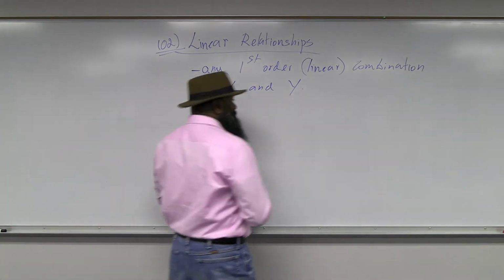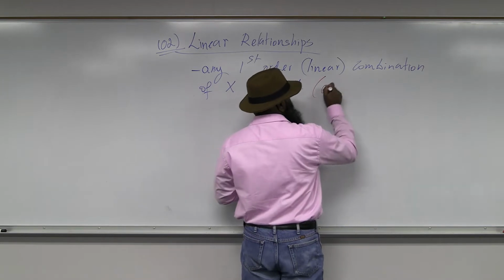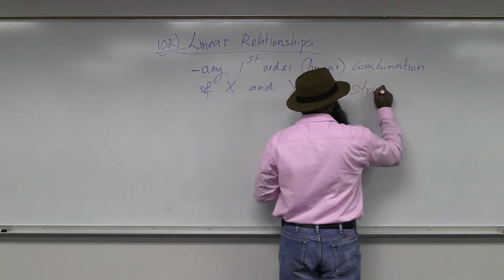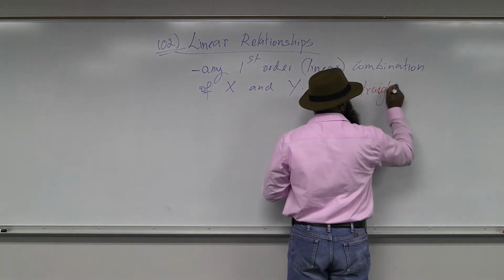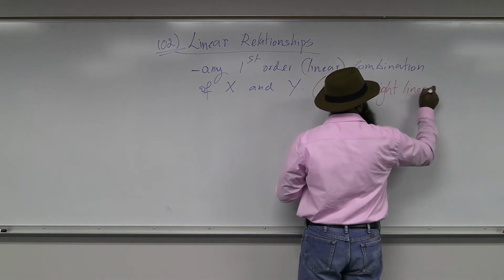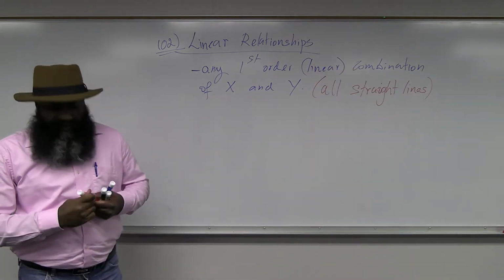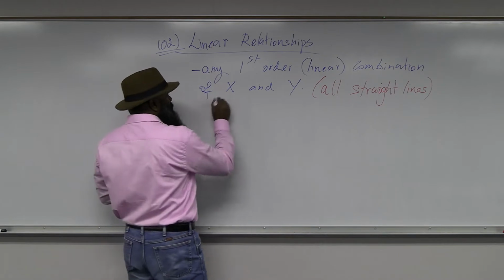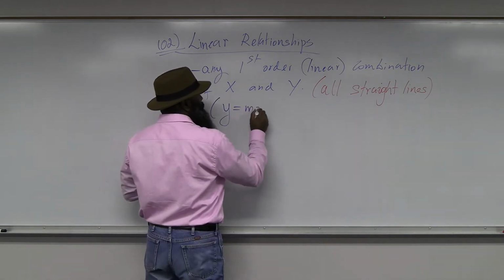This means, technically speaking, all straight lines. No other shapes. In general, you can write it as y equals mx plus b.